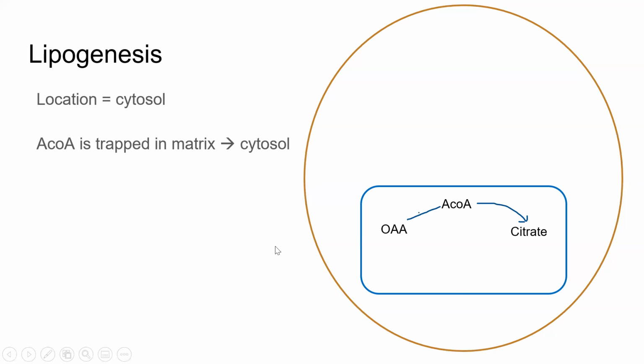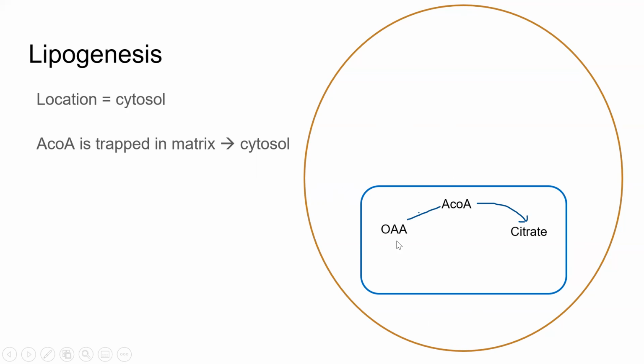So when we first look at lipogenesis, or creating these fatty acids, it's important to note that the location is inside the cytosol. So if this is our cell here, and the blue triangle is our mitochondria, specifically the matrix, we need to get the acetyl-CoA outside into the cytoplasm.